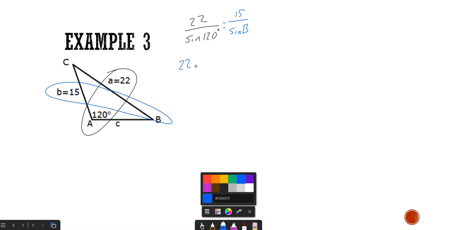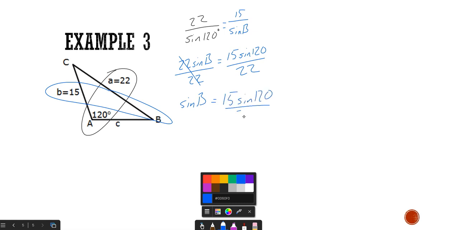So that means we get 22 sine of B is equal to 15 sine of 120. And we want to divide both sides by 22 to get sine of B by itself. But then we need to use the arc sine.